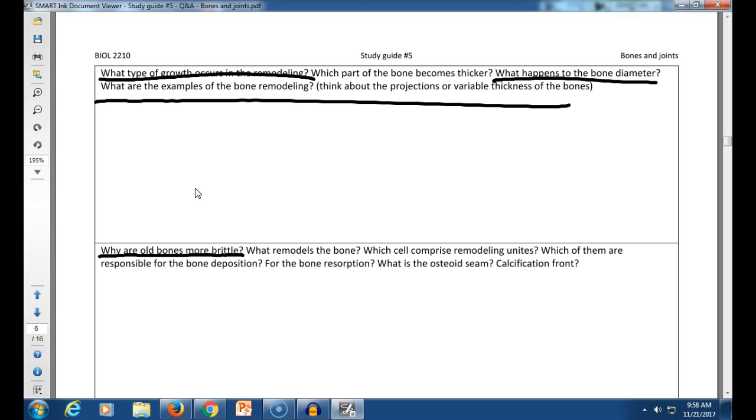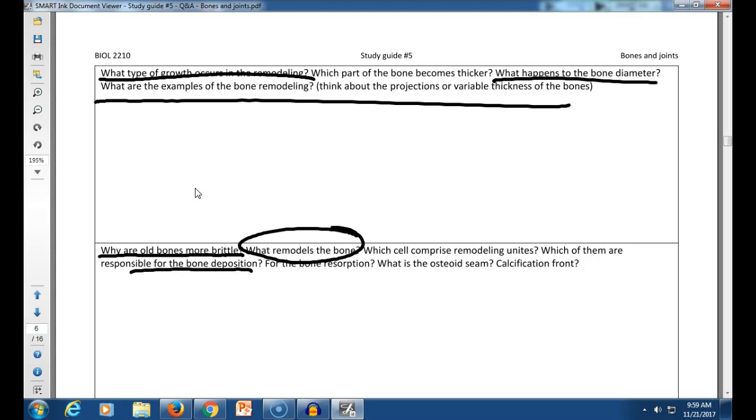What makes bones brittle? Taking out calcium. What remodels the bone? Remember remodeling units. Each remodeling unit consists of what two types of bone cells? Osteoclasts and osteoblasts. Blasts, deposition of matrix, and clasts, destruction of the bone.